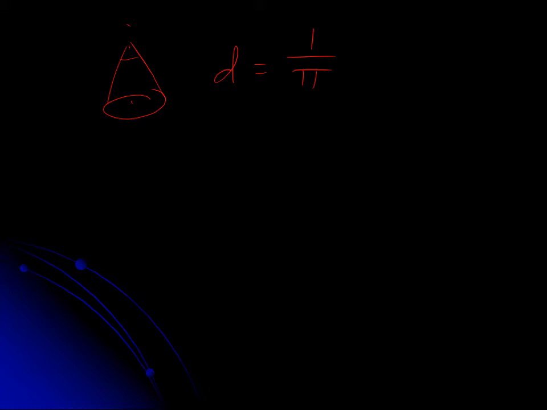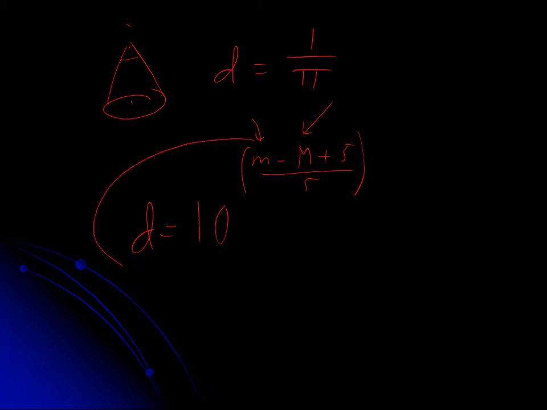Another way of finding distance, when we looked at magnitudes, was 10 raised to the power of apparent magnitude minus absolute magnitude plus 5, divided by 5. You look at the star to get the apparent magnitude, and if you measure the width of the spectral lines, you get an estimate of the absolute magnitude. Plug those numbers into this formula, and now you've got a measure of the distance to the star. This is a fantastic tool.